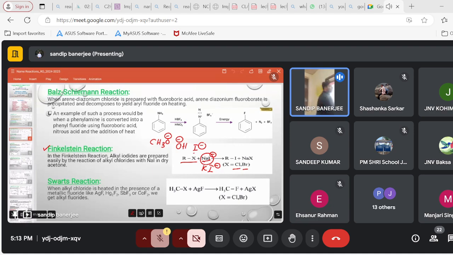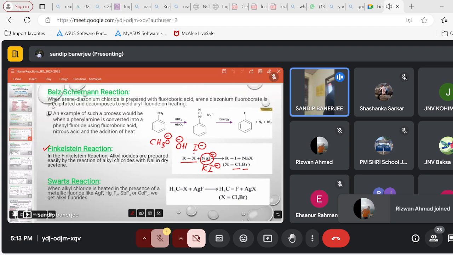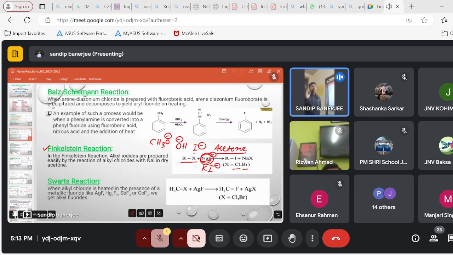So that's why if we use acetone here as a solvent, then this kind of competition is omitted. So Finkelstein suggested that if we are using an ionic halide in a little polar or small polar medium, that is acetone, this kind of substitution becomes very easy. This is the main motto of this reaction.